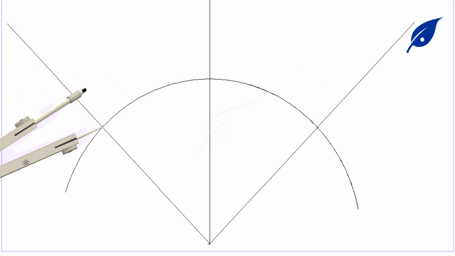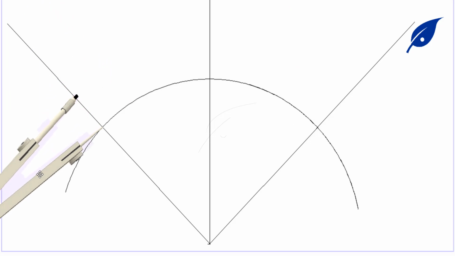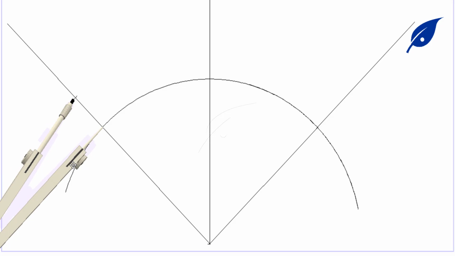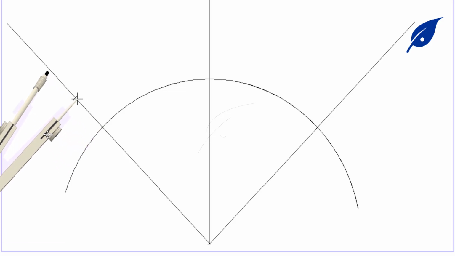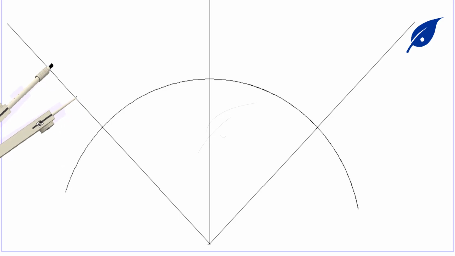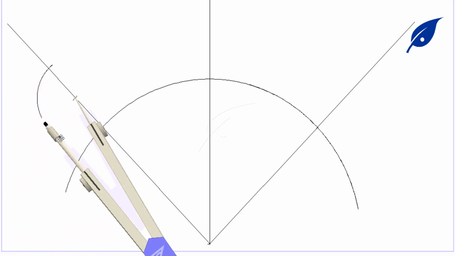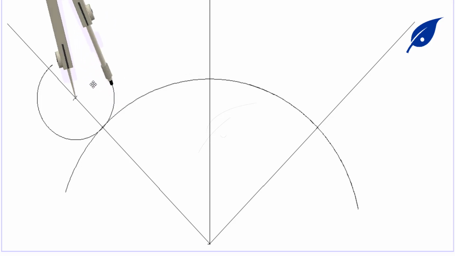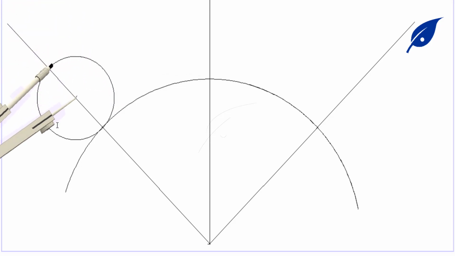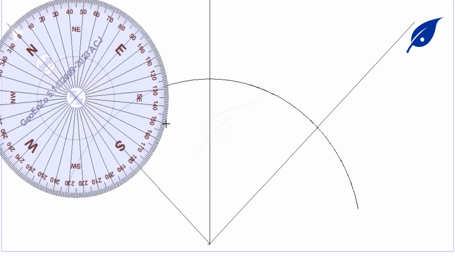The next thing is we set our compass to 20 millimeters. Then we put the center of the compass here again to draw our circle, whose radius is 20 millimeters. After getting this circle, we divide it into 12 equal parts.